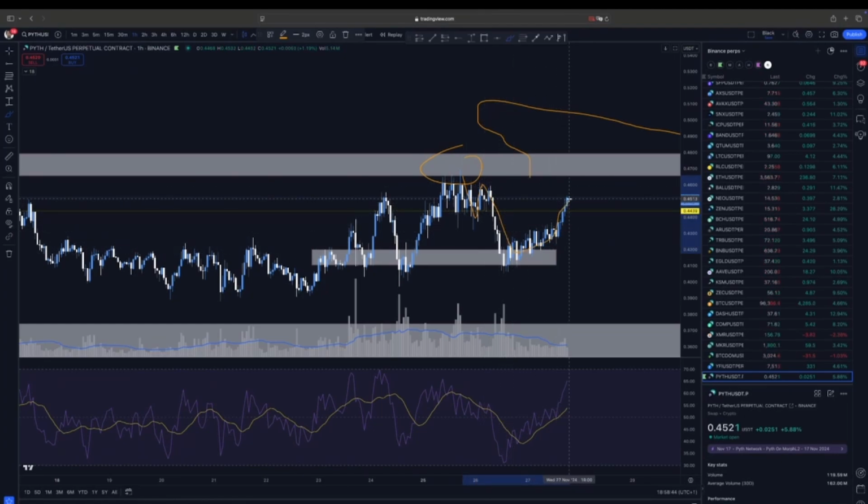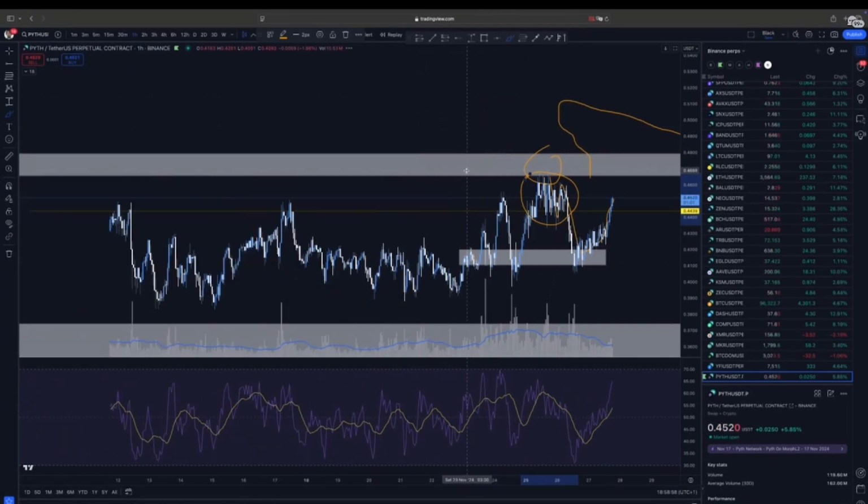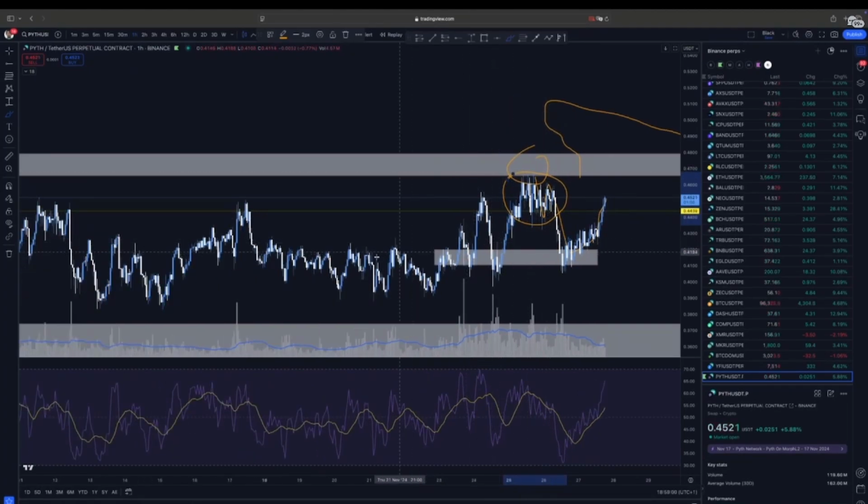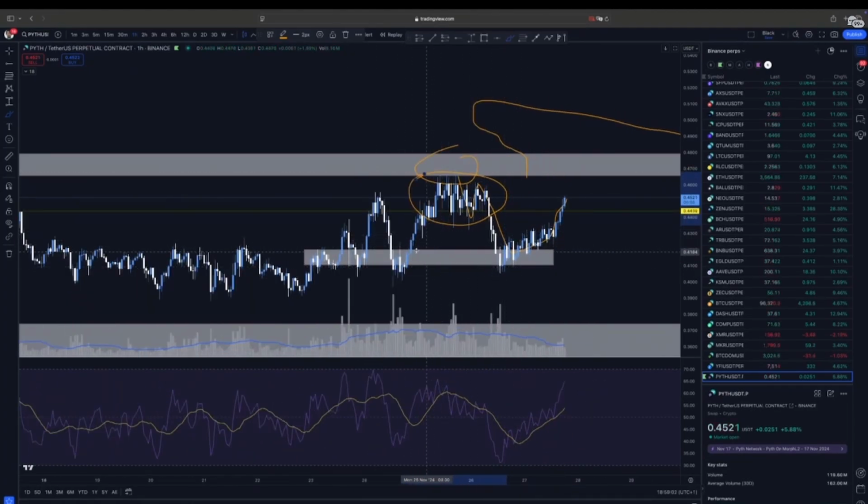This was a little surprising, honestly, because when you get this kind of consolidation, usually you break right through. One thing to look at when you get to a point of interest, your support zone or demand zone, is how deep that rejection is. Let's look at Python real quick.